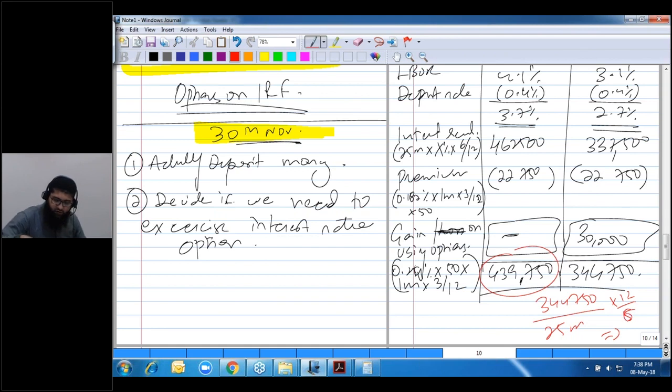Divide by 6. It's not divided by 5, it's divided by 6 because you have invested for a period of 6 years. What is the rate? 2.8%.